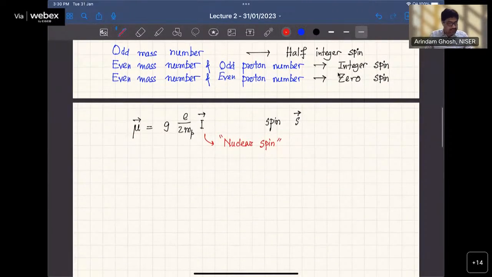Now, this g can have different values depending upon which type of nucleus we are dealing with.